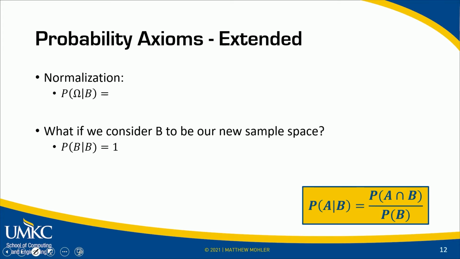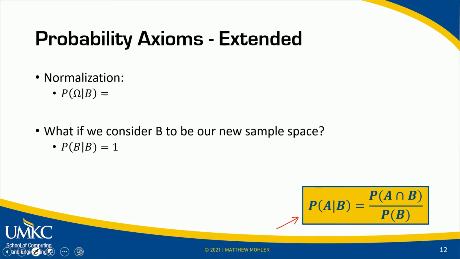Now, normalization, as you may recall, was basically saying that the probability of all events occurring must be equal to 1. And so in this case, we're saying, well, what is the probability of omega, of our universe, occurring if we know that B occurred? Well, the easiest way to look at this is just to plug all of that into our equation for conditional probability.